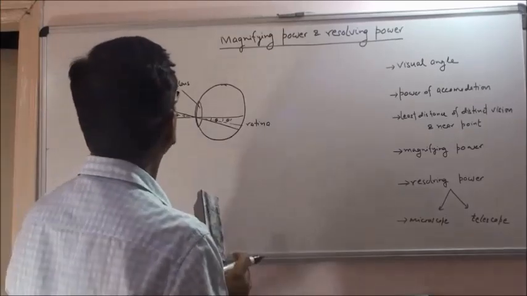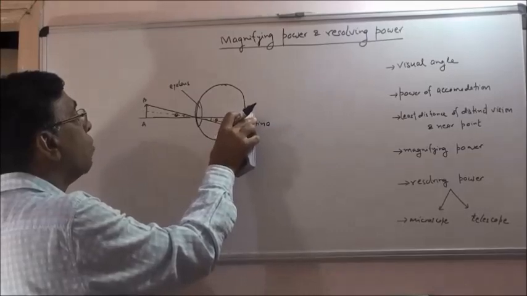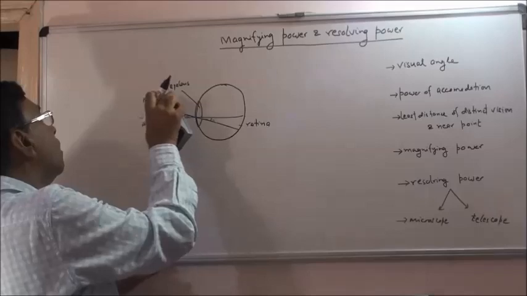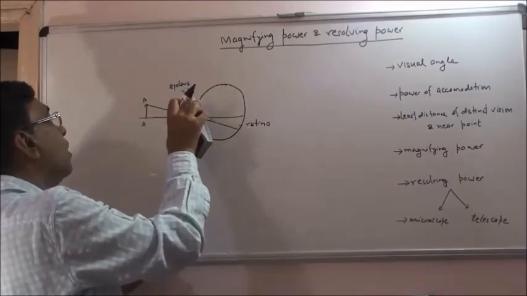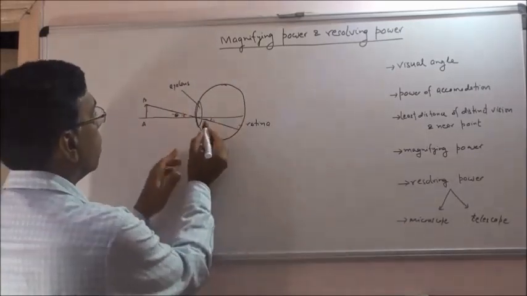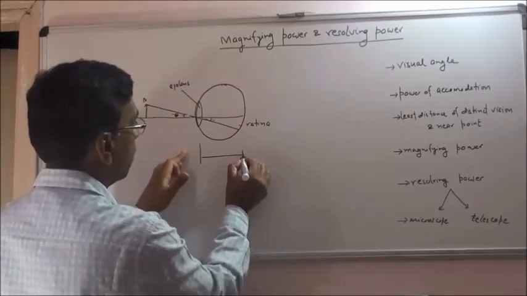Okay, now power of accommodation. See, in power of accommodation what we have to find out is what is the distance of image from the lens. In this particular case, this is eye lens and here is the retina.